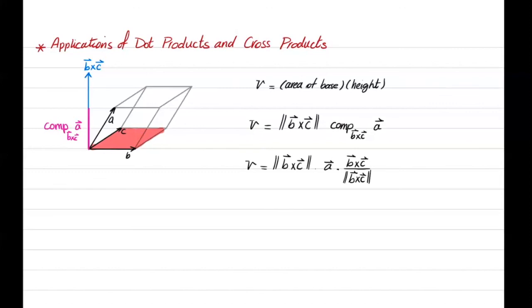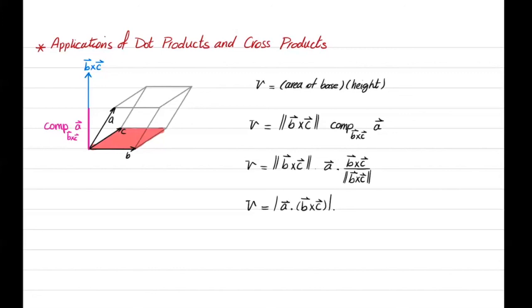And the whole thing will be equal to the volume. Our assumption to find the volume of a parallelepiped was that the vectors A, B, and C do not lie in the same plane. And also we know that a parallelepiped will have a non-zero value for its volume.